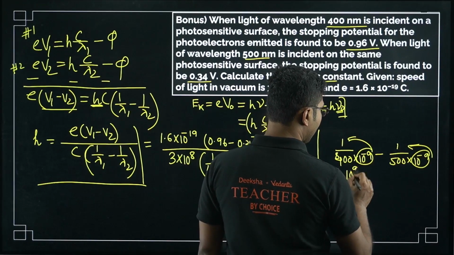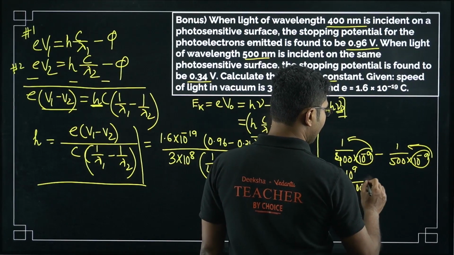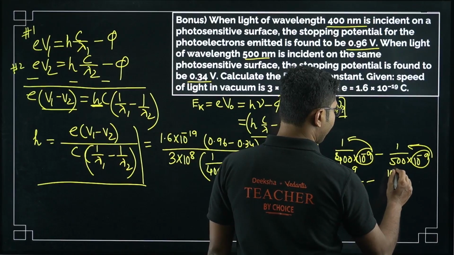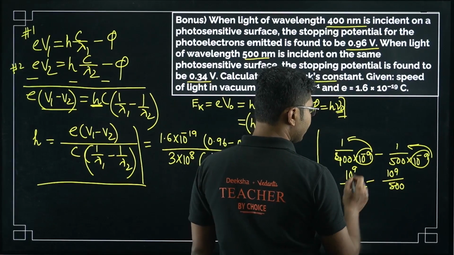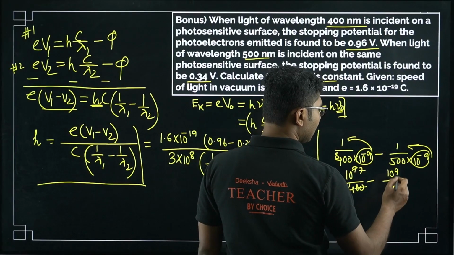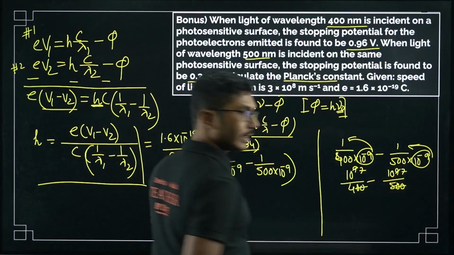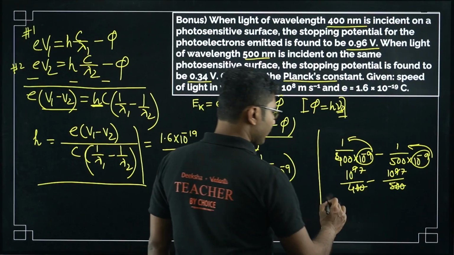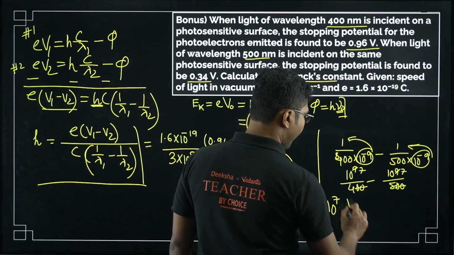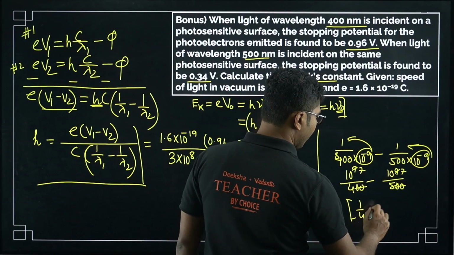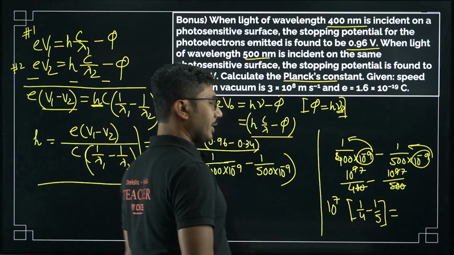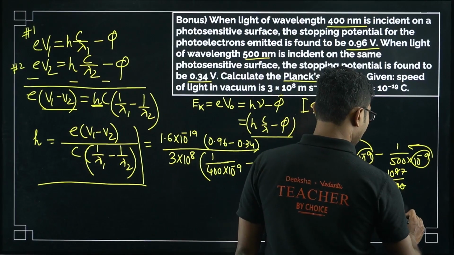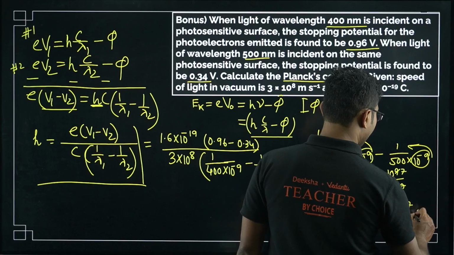So 10 to the power of 9 divided by 400 minus 10 to the power of 9 divided by 500. Now again these two zeros can be cancelled, right? So 10 to the power of 7 will be common. 1 by 4 minus 1 by 5. Okay, LCM will be 20, 5 minus 4, so 10 to the power of 7 into 1 by 20.